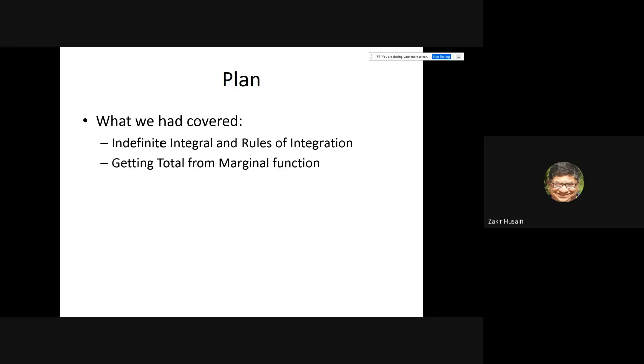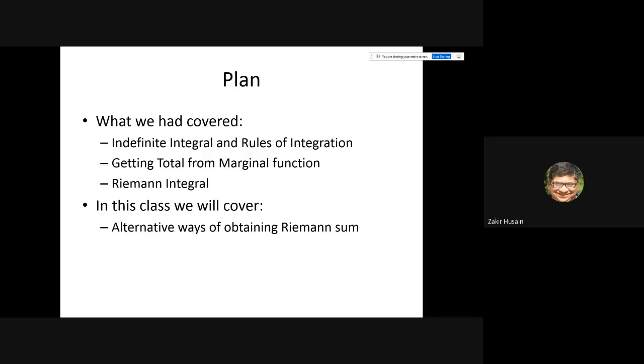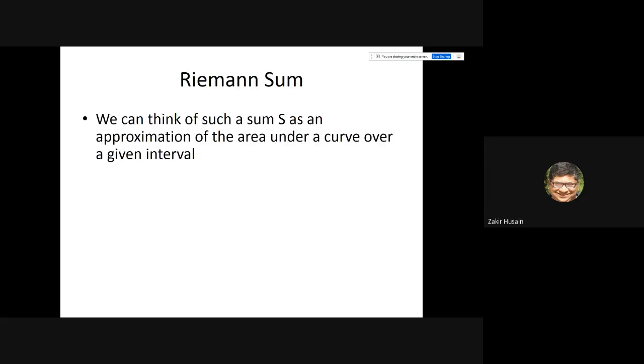Then we discussed some applications, getting the total curve from the marginal function, getting flows from stocks. And then we moved on to Riemann integral, which is part of the discussion on definite integrals. So in this class, we are going to show that the Riemann sum can be obtained in a slightly different way. We'll proceed to the fundamental theorem of integral calculus, and we'll look at some applications.